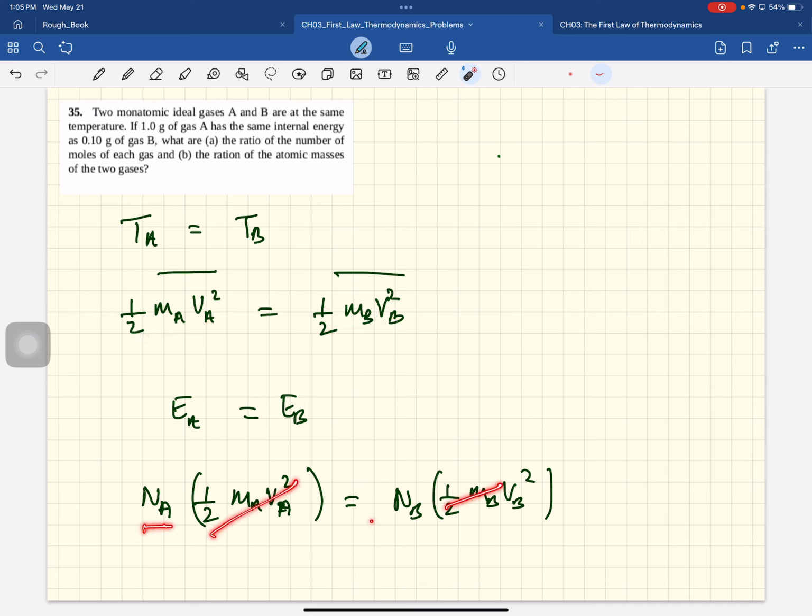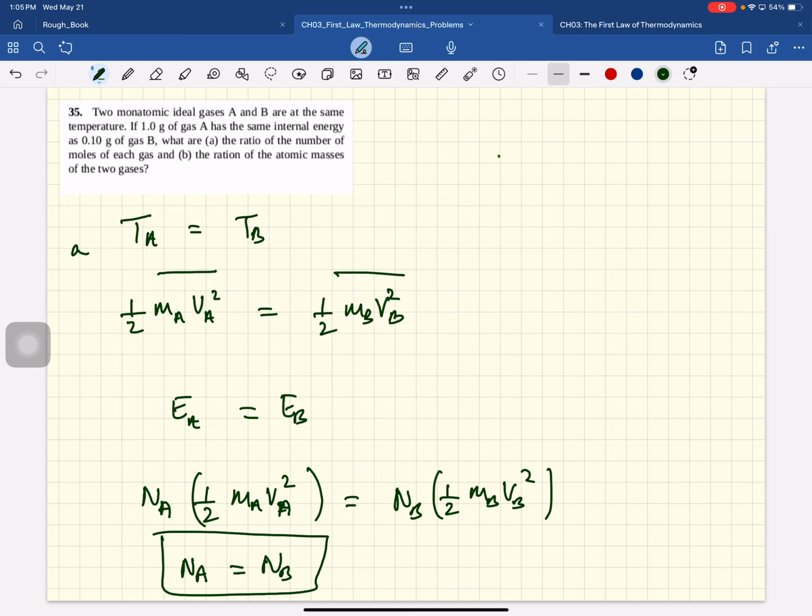So N_A equals N_B. What they have given us is that the number of molecules of A is equal to the number of molecules of B. So N_A over N_B is 1.